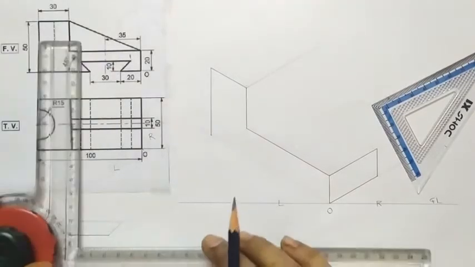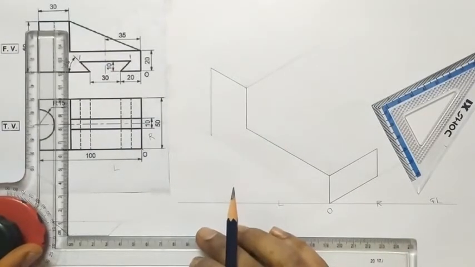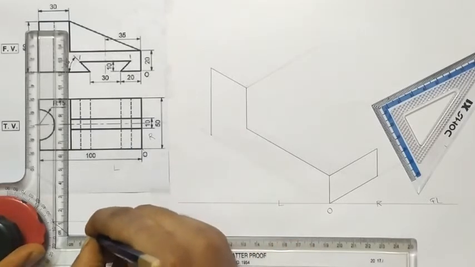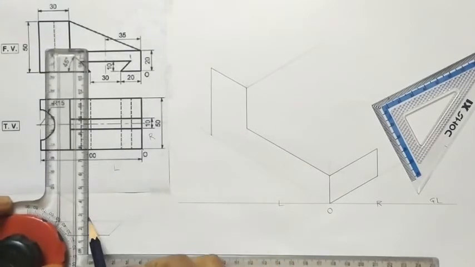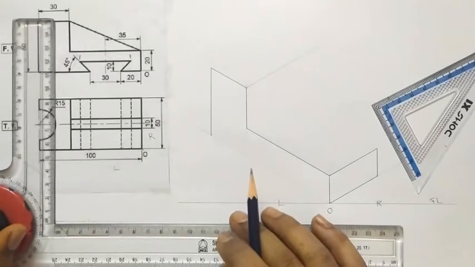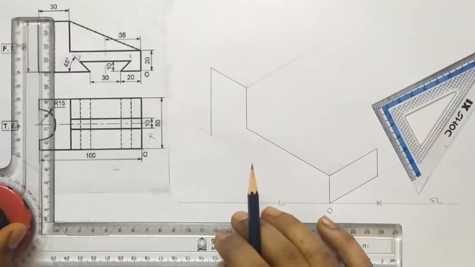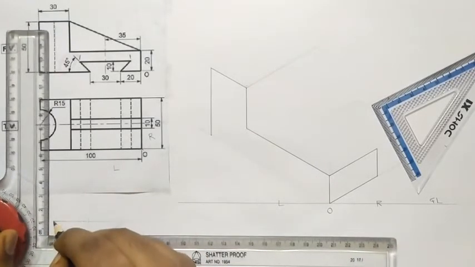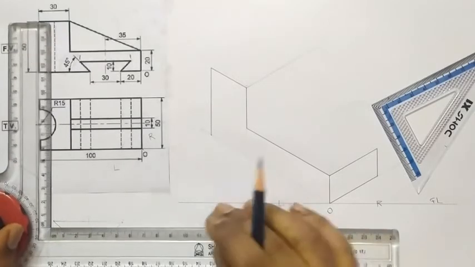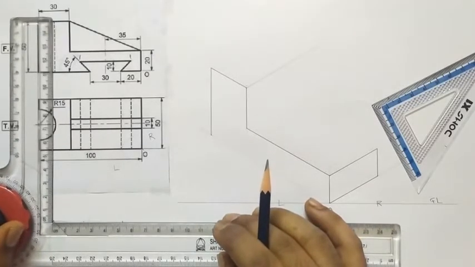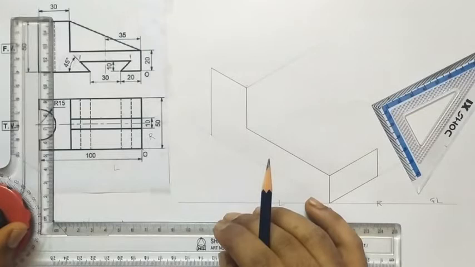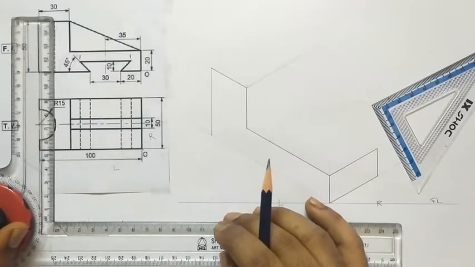Now this one is 30. If I mark the center point, then the total distance from this point to this point is 50, yes it is 50 mm, right?